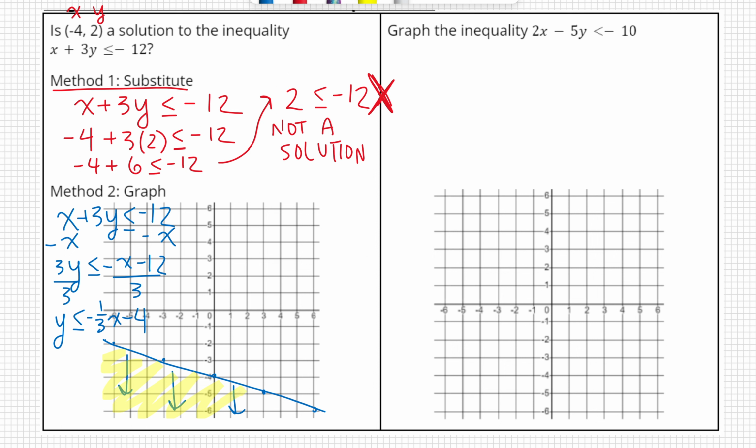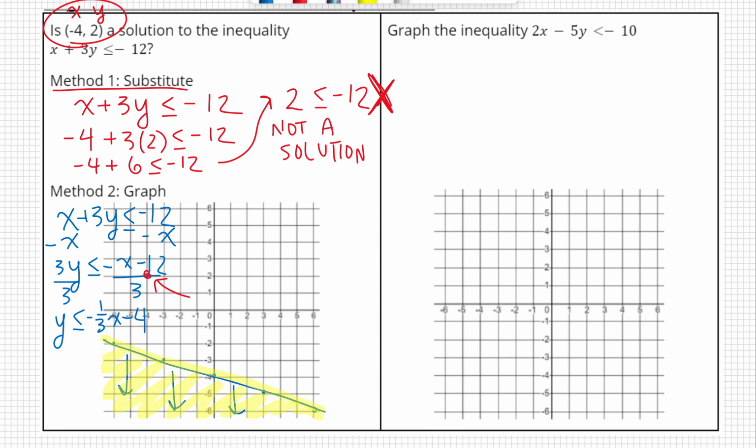So that's how I know that this point is not a solution, because my solution area is where I highlighted down here. This is the solution area. If the point was inside that solution area, then it would be a solution.